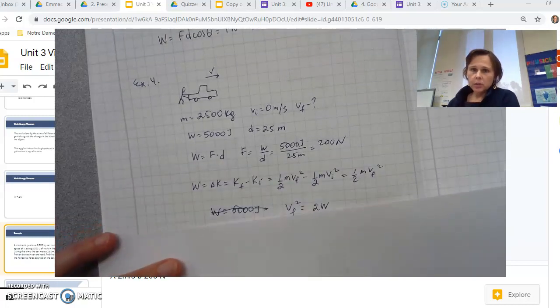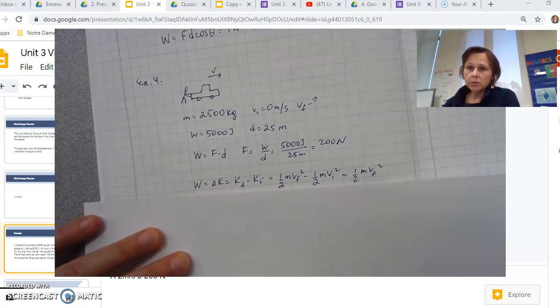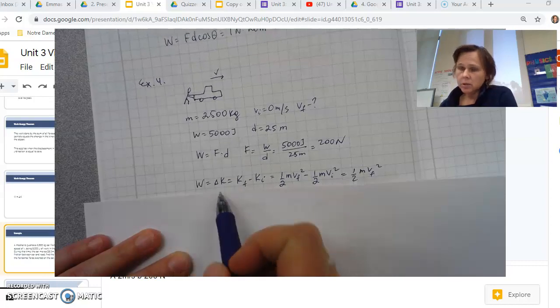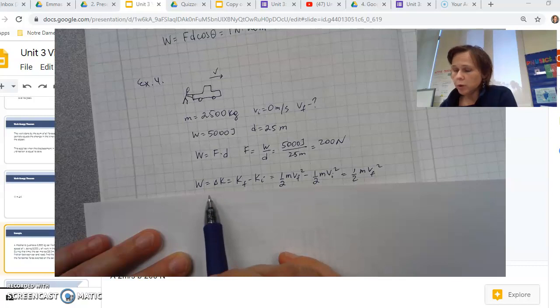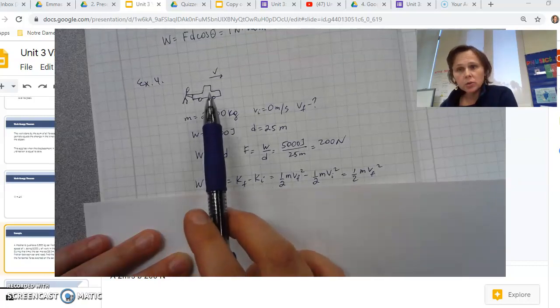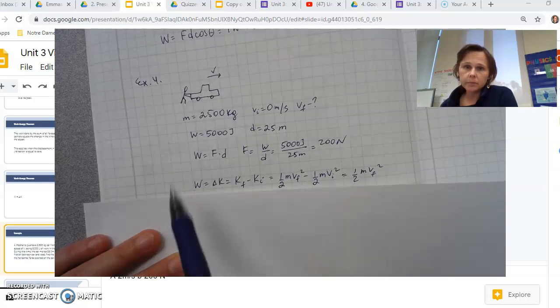And then when we need to find the velocity of the car at the end of the displacement, we want to use the change of kinetic energy. So it's the work energy theorem. So work done by the force that the mechanic applies to the car equals the change of kinetic energy of the car.